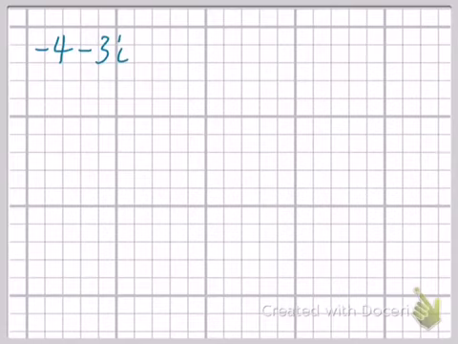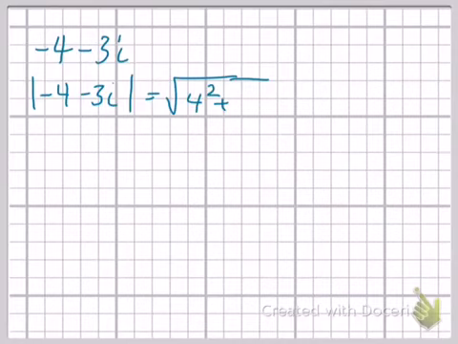What's the magnitude of this thing? The magnitude, or the absolute value of negative 4 minus 3i, is equal to the square root of 4 squared plus 3 squared. That's 16 plus 9, which is 25, right? And the square root of 25 is 5.